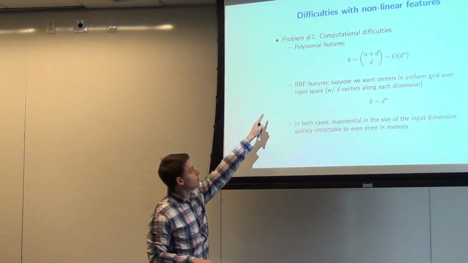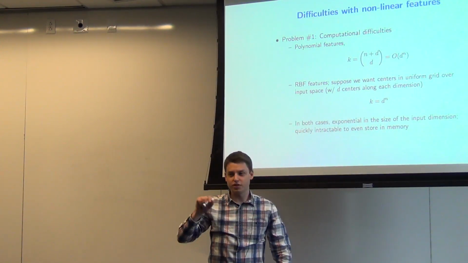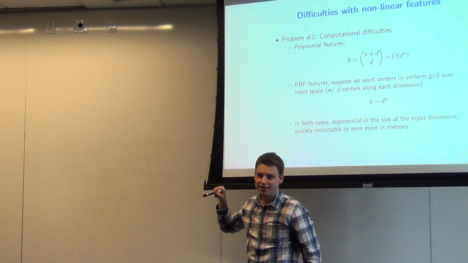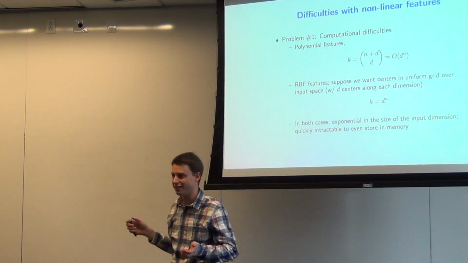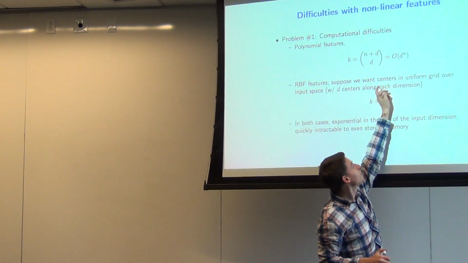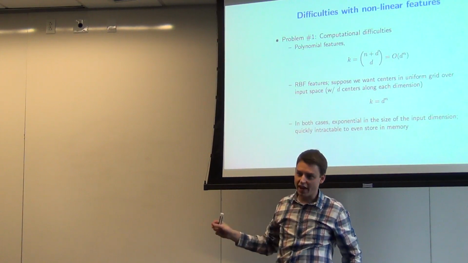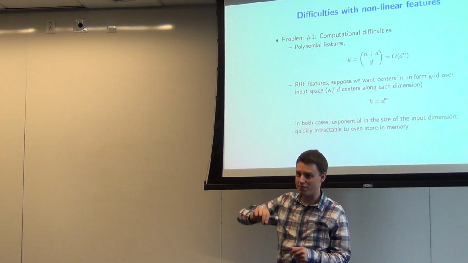Remember, the size of the polynomial features, n plus d choose d, is the same as n plus d choose n. That's how combinatorics works. And this is O of d to the n when you think of d being fixed and increasing n; it's O of n to the d if you think of n being fixed and increasing d.